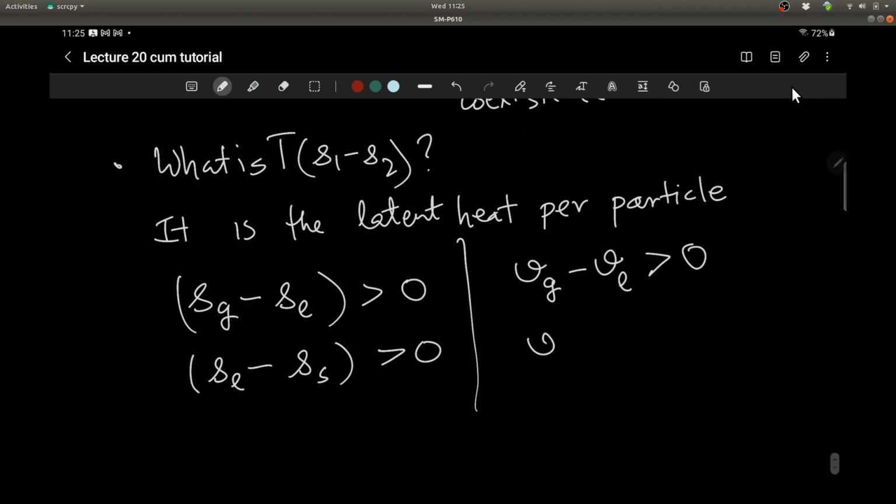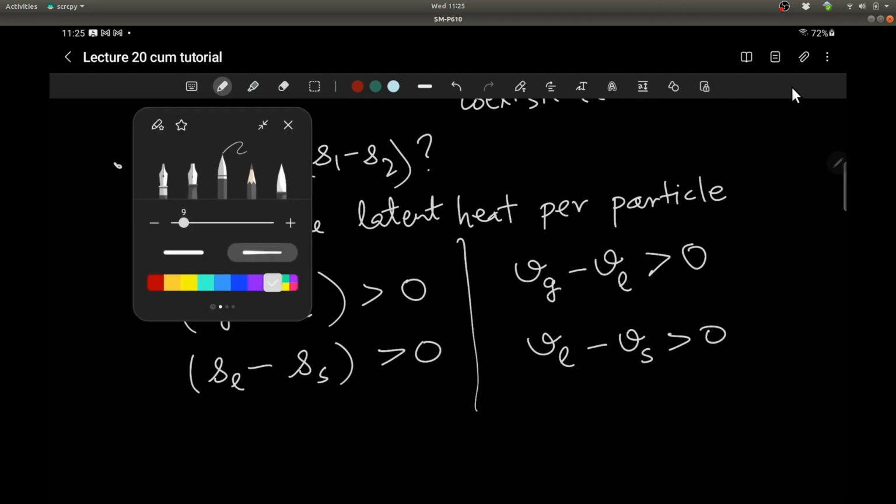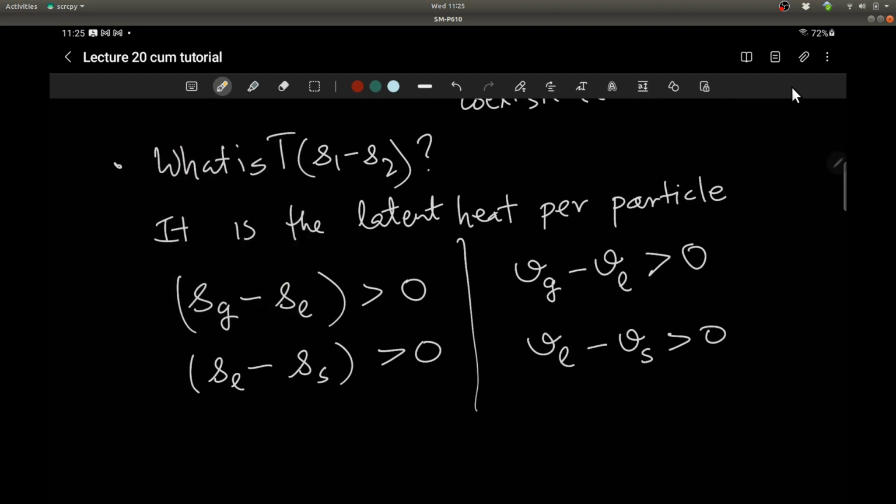Okay. What about solid and liquid? The density of the solid versus the density of the liquid. Which one is higher? Solid is higher. So again we'll have V liquid minus V solid greater than 0, except for one material, which is anomalous.